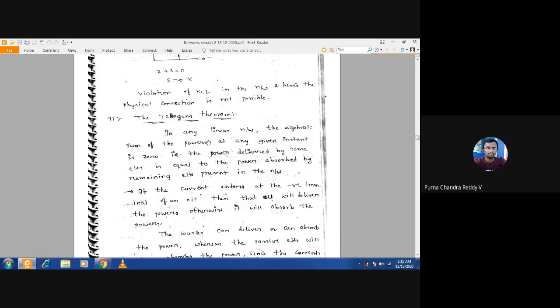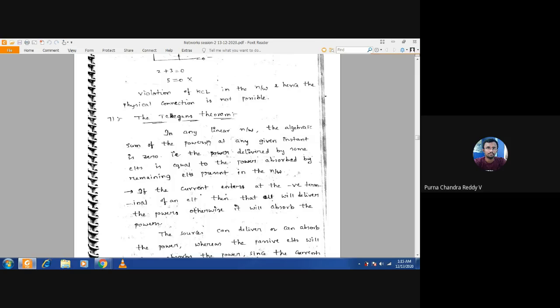Total power delivered is equal to total power absorbed in a given circuit or network. Whatever amount of power is delivered in the circuit, that amount must be absorbed. Otherwise, that is an invalid network, not a balanced one.